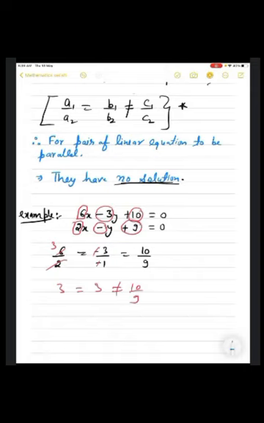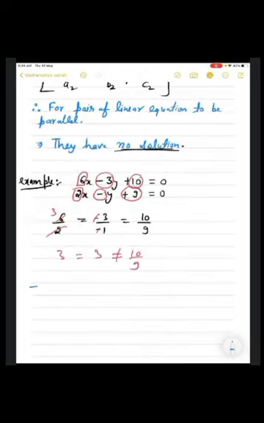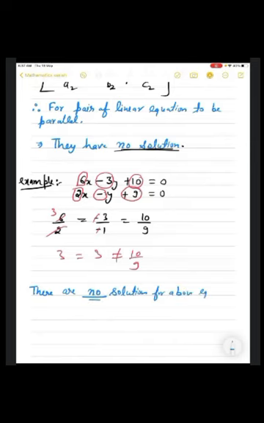How many solutions are there for this linear equation? There is no solution for the above equation. They don't have any solution because they are parallel.